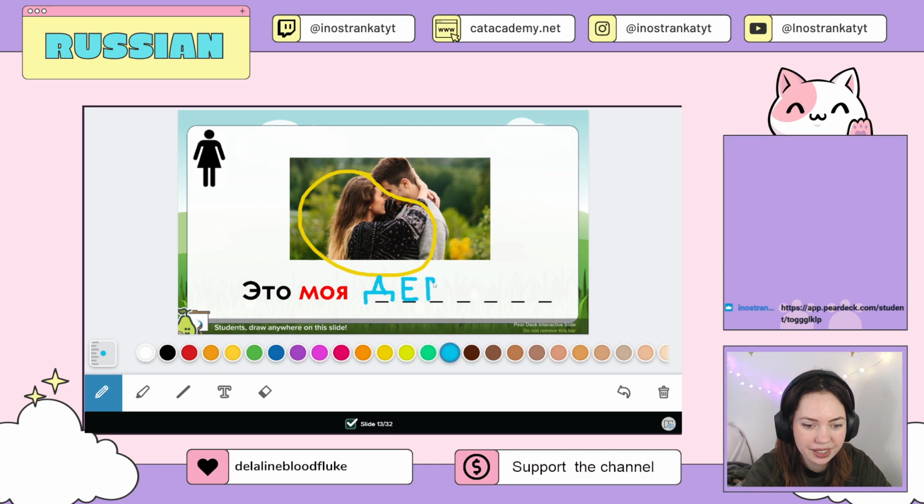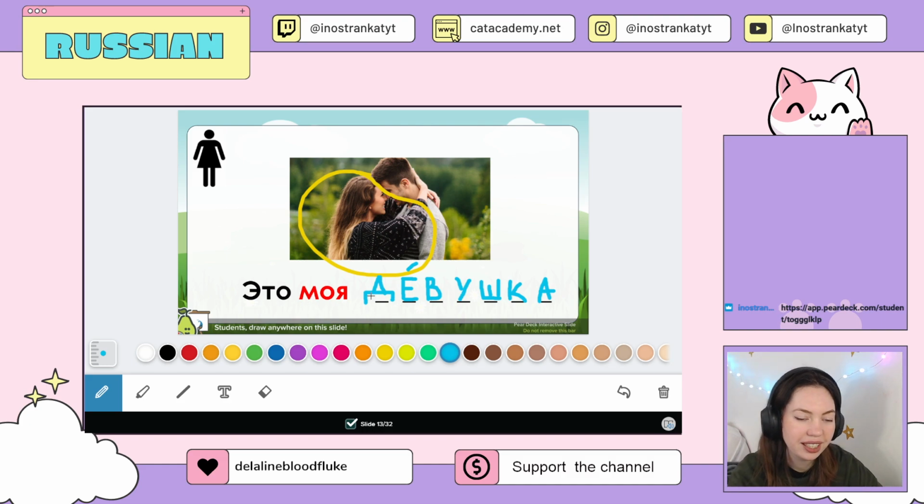В. Дев. У. Деву. Ш. Девуш. К. Девушка. Это моя девушка.